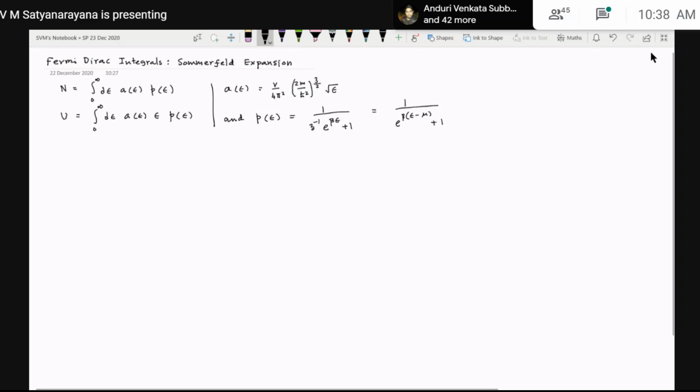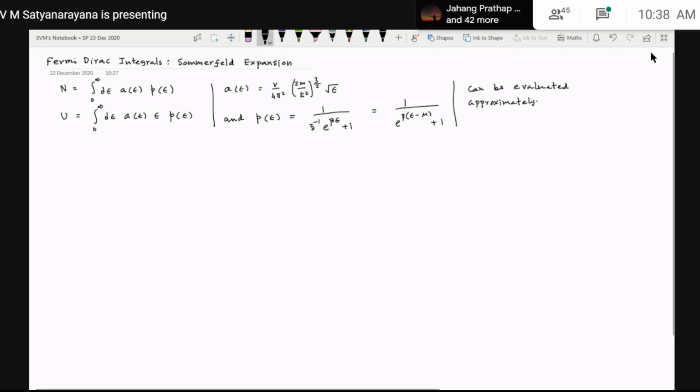So we can only evaluate them approximately. Okay, so let us try to understand how to evaluate these integrals.